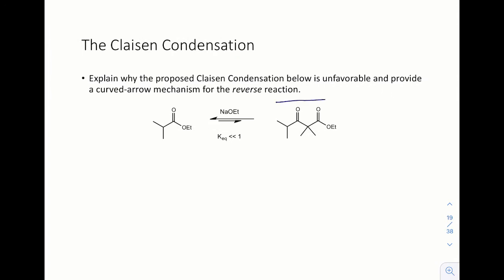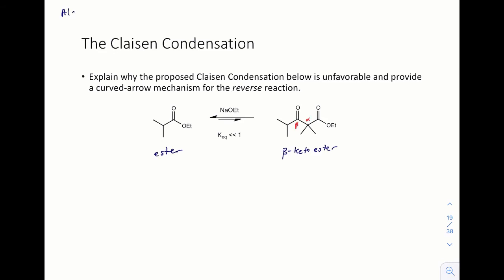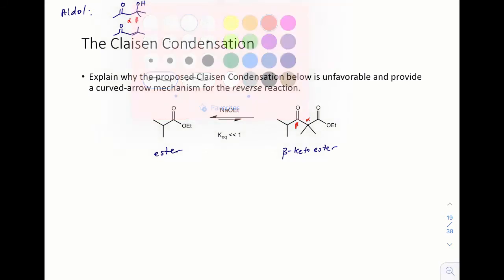Let's imagine that this molecule was a desired synthetic target. And you said, oh, awesome, this is a beta-ketoester, so this can be made in a Claisen condensation. Right? To recognize the aldol reaction, the condensation of aldehydes and ketones, we looked for either beta hydroxy ketones or alpha beta unsaturated ketones.